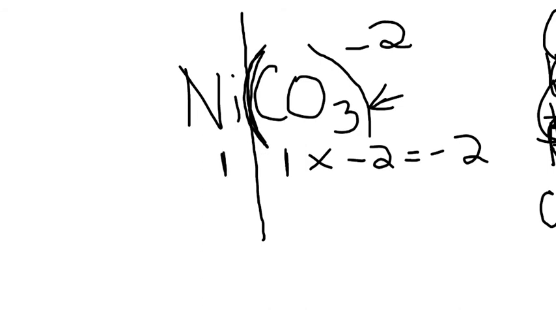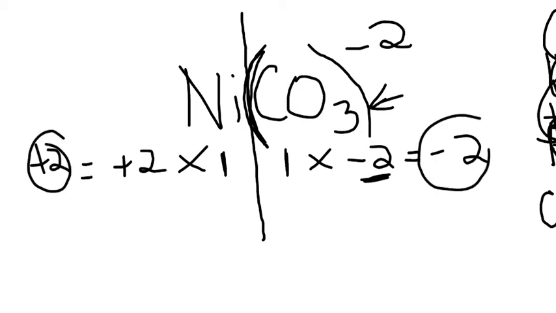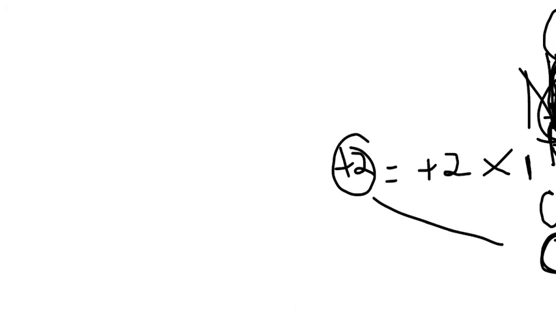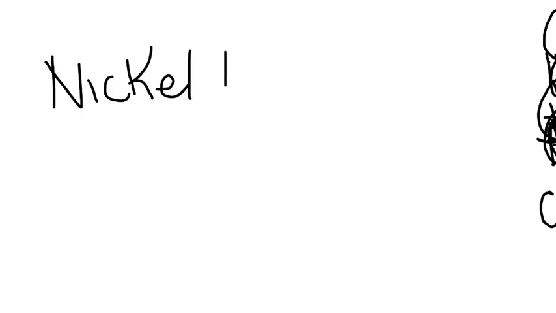And I only have 1 nickel. So 1 -2 carbonate means 1 +2 nickel. The net charge +2 and the net charge -2, those net charges add up to 0. So the name of this compound is nickel 2 carbonate.